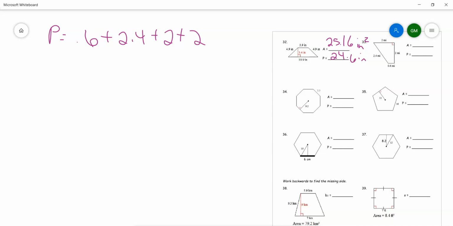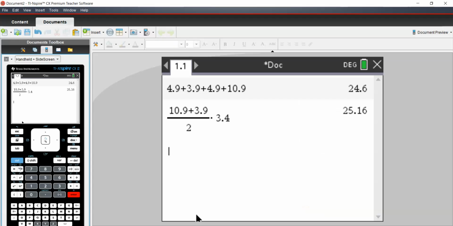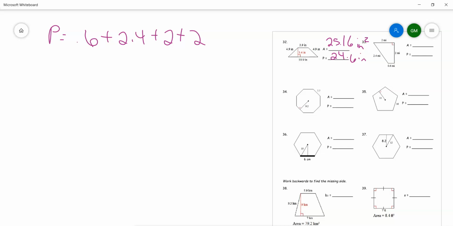That's what makes it an isosceles trapezoid. So 0.6 plus 2.4 plus 2 plus 2 gives us 7. And this one, the unit is miles.